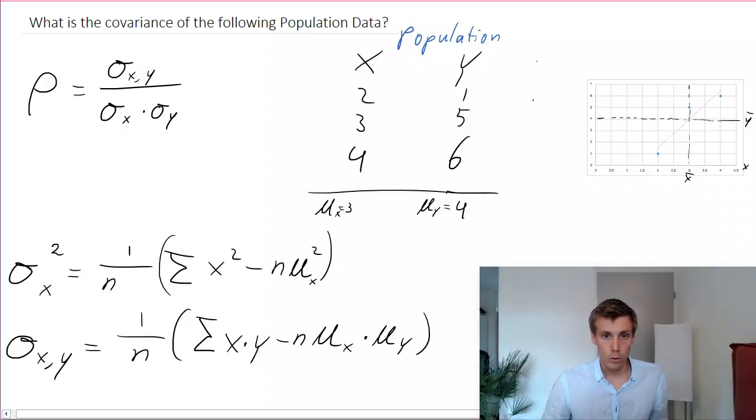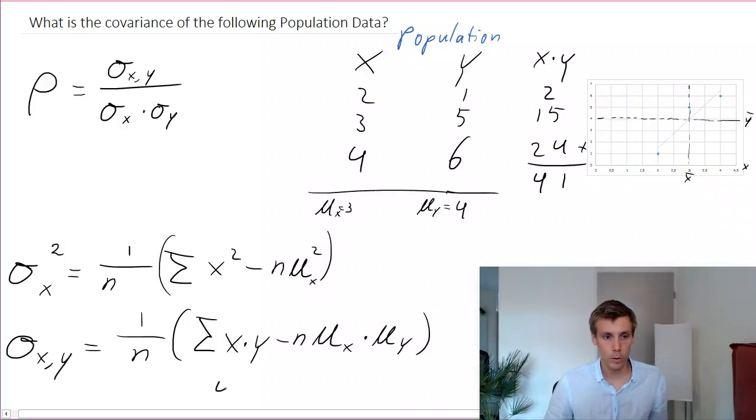It's easy to put behind the x times y, for the summation of x times y. X times y is in this case 2, in this case 3 times 5 is 15, in this case 4 times 6 is 24. And if you sum them up, you get 2 plus 15 plus 24, that is 41.